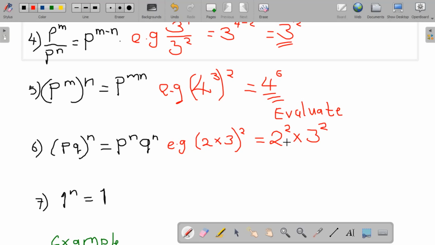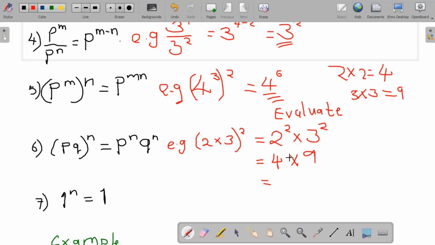So when we evaluate, we find that 2 to the power 2 is the same as 2 times 2, which gives us 4. Then multiply by 3 to the power 2, which is the same as 3 times 3, which is 9.